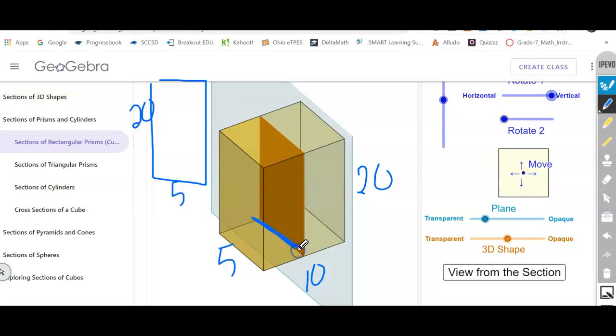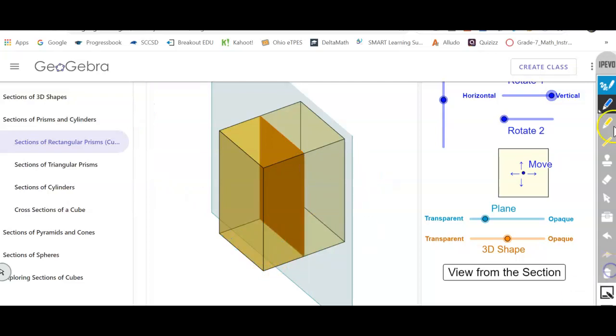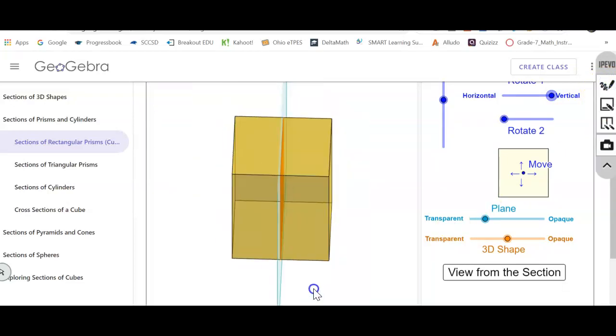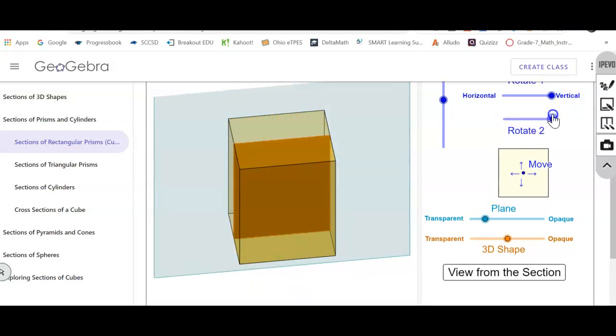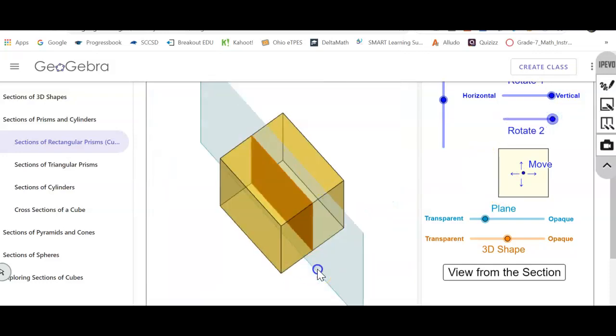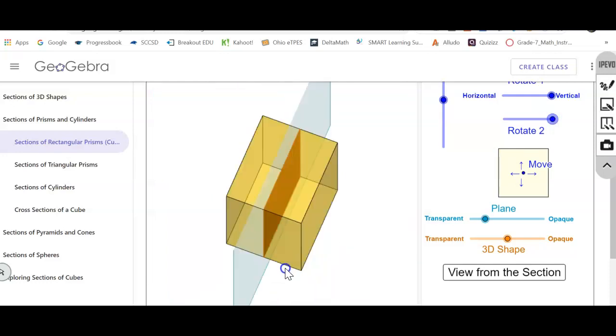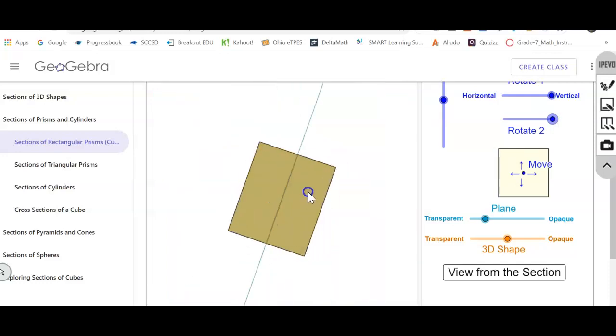Because we got this, which is 5, and we got the height still, which is 20. They could also have this turned and rotated this way, right? So then our dimensions would change again, wouldn't they?